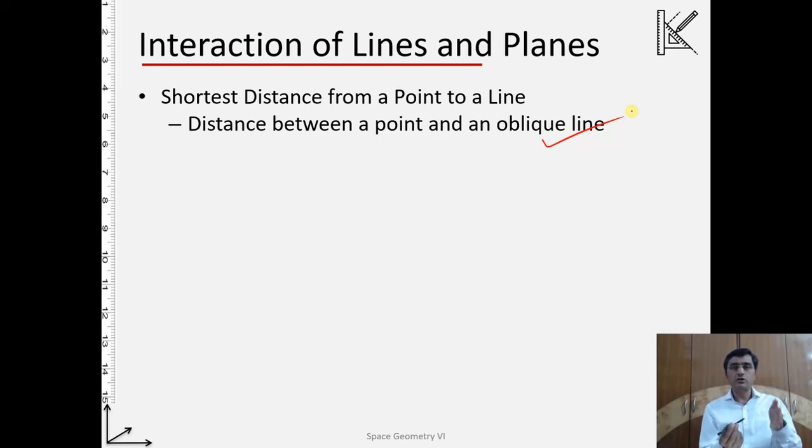We will try to arrive at an auxiliary plane where we will be able to see the point view of this line, as well as that point from where I have to measure the shortest distance to this line. Both of these need to be projected onto that auxiliary plane, and then from there I will measure the distance, and then using the projectors I will come back.